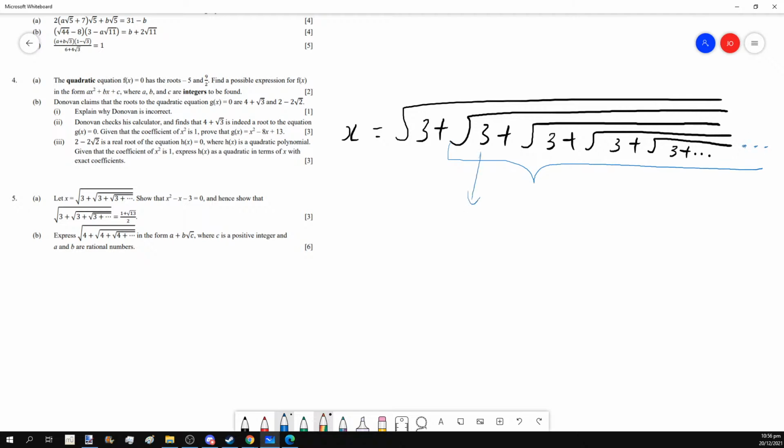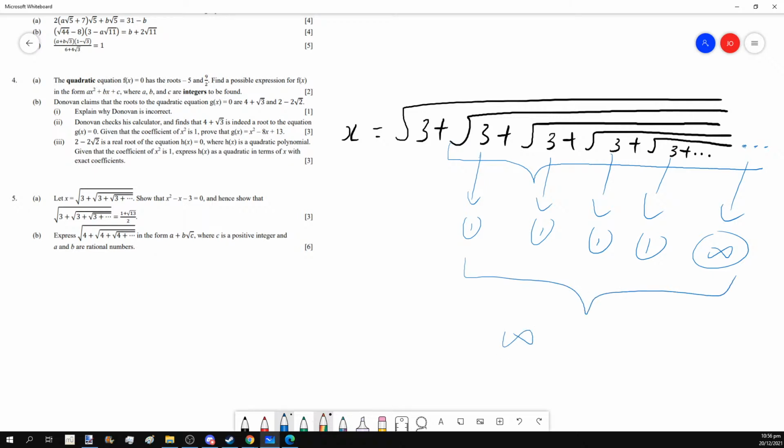So we have 1 over here, 1 over here, 1 over here, 1 over here, and infinity over there, for a total of infinity square roots. So far so good. However, if you zoom out, you'll realize that I have 1 over here, 1 over there, 1 over here, 1 over there, 1 over here, and then infinity over there. And this part here will still give you infinity square roots.